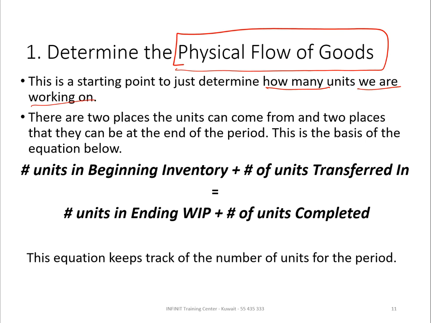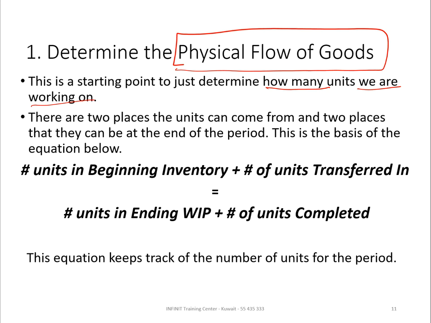So when you start this month, for example, there were 100 units, which were 50% completed, and 1000 units came from the previous process. So how many units am I working on this period? This period I am working on 1000 units, which were transferred in from the previous department, and I had 100 units in the beginning of the period. So in total I am working on 1100 units.